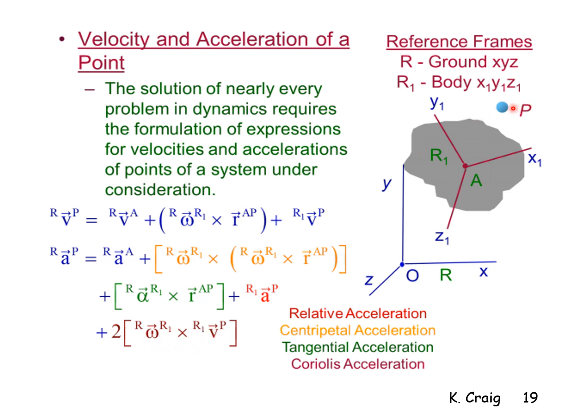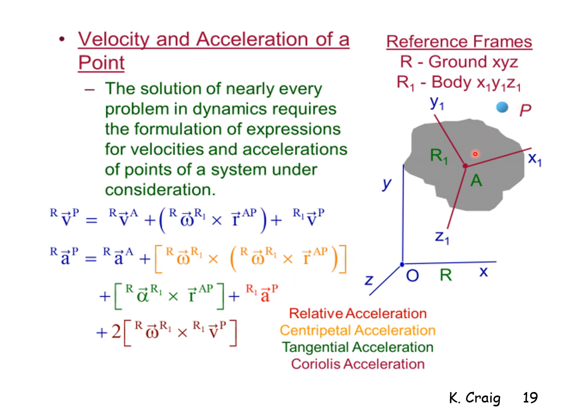So if P can move in R1, there's a velocity of P in R1, which results in an additional acceleration term called Coriolis acceleration. So if P is not fixed in R1, we have these additional terms.